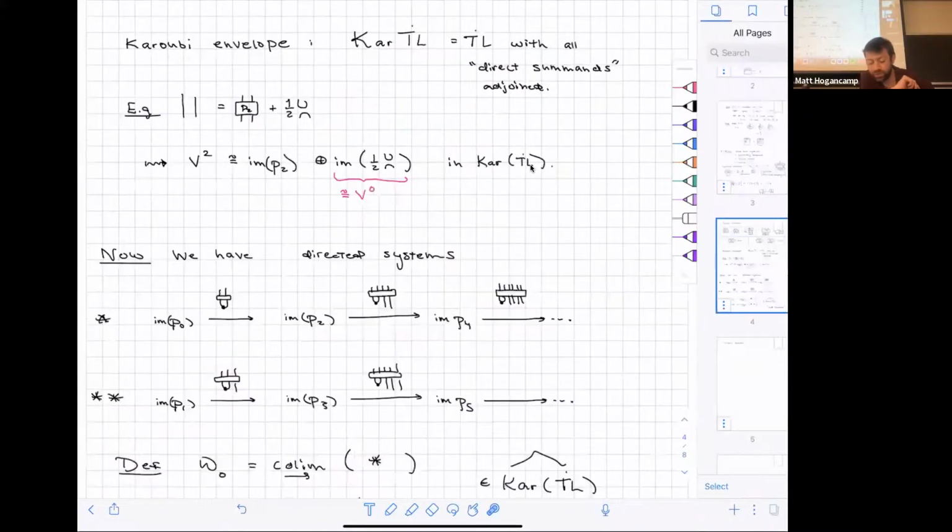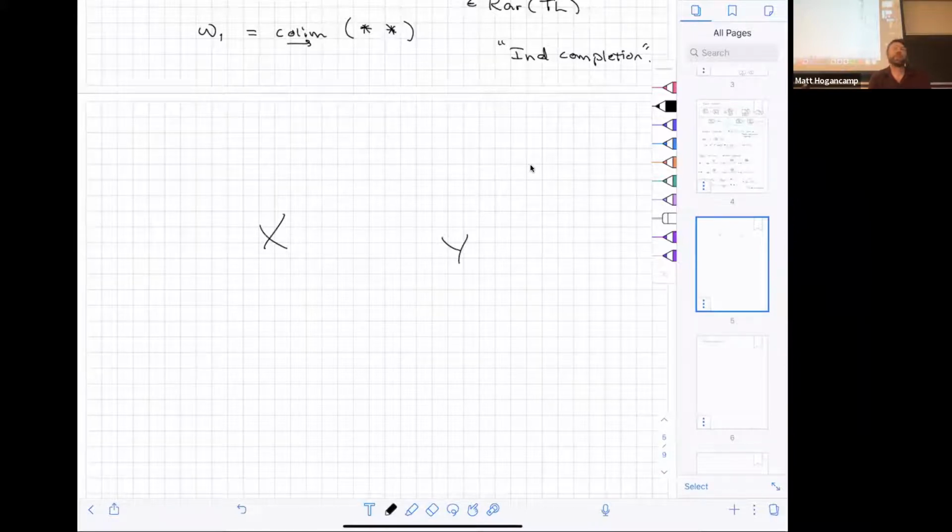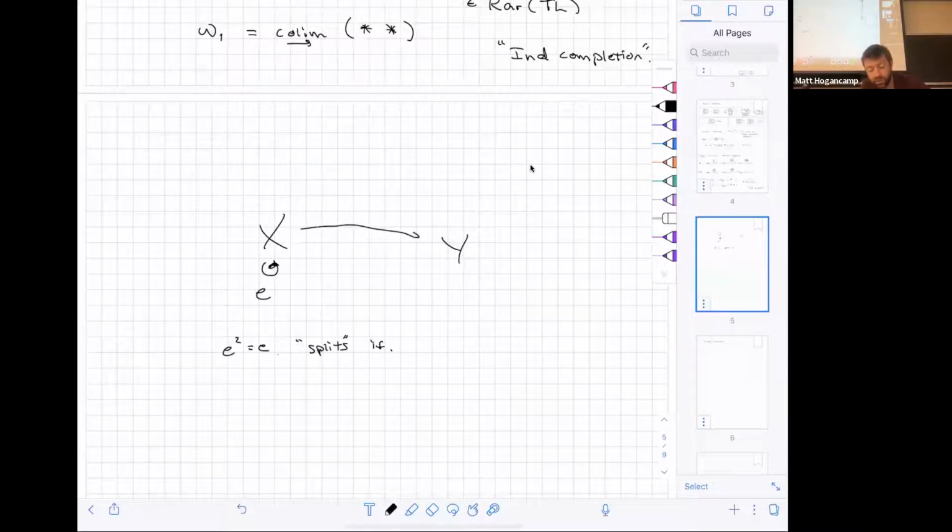Let me say the following. If you have a linear category, which is just a category whose Hom spaces are like vector spaces or K-modules for some K, and you have an endomorphism of an object which is idempotent, satisfying E squared equals E, we say that this idempotent splits if you can find another object Y in your category and a pair of morphisms with the relation that E is the composition of these two, and satisfying this.